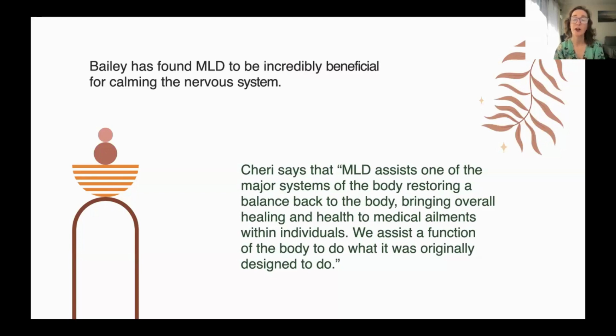We assist a function of the body to do what it was originally designed to do. And I love that, because we're not pushing the body, we're assisting, we're helping it do what it's naturally doing. We're holding the lymphatic system.